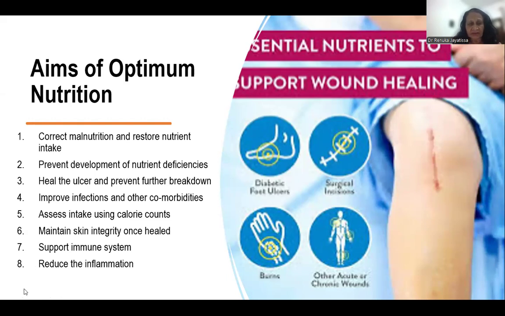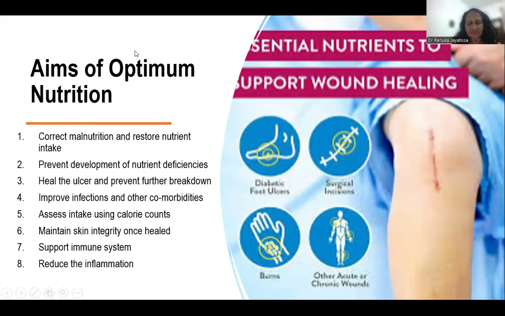In optimum nutrition, we are not really going to count calories, but we have to look at roughly how much they are taking, estimating, and whether they are taking it appropriately, or whether it is a sufficient or insufficient diet. Another component in optimal nutrition is skin integrity.